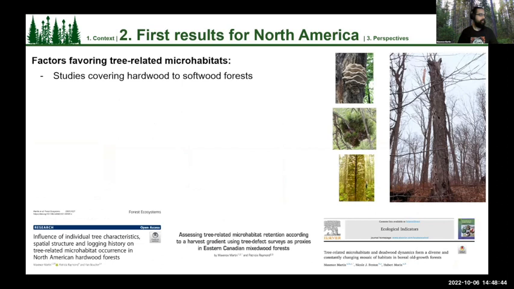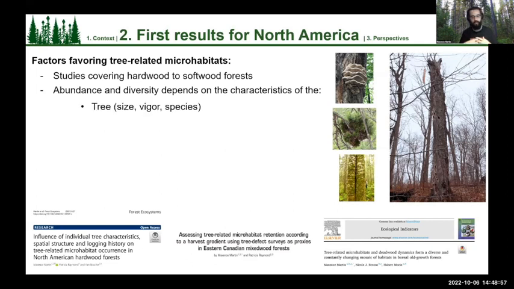And this research follows a gradient from the hardwood forest to the softwood forest, so a gradient of species. And what we observed is that the abundance and diversity of tree-related microhabitats depend on factors at the tree scale, for example, the species, the size of a tree. Also the neighbors, because we observe some spatial patterns of tree-related microhabitats, for example, broken branches.